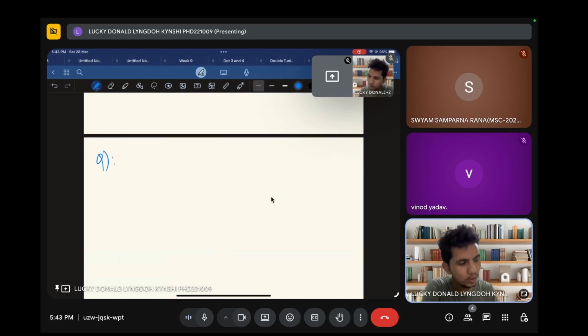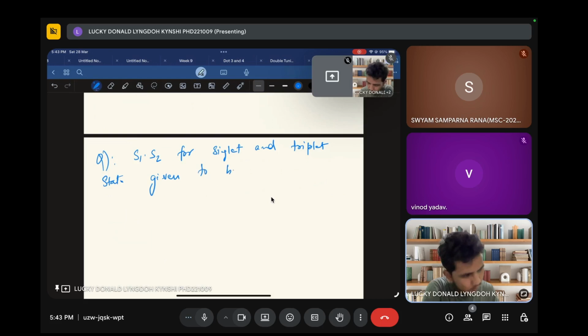And question number 2 is: calculate s1 dot s2 for singlet and triplet state, given to be minus 3 by 4 h cross square and 1 by 4 h cross square.